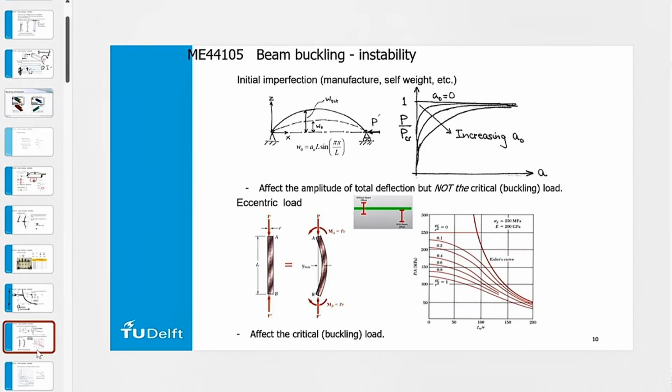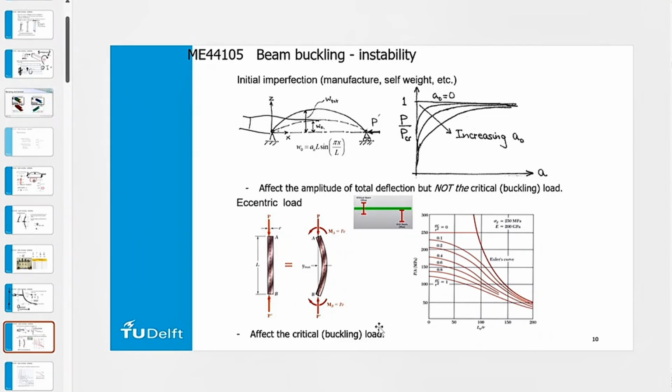We also need to take into account, for example, the effect of offsets, because if you have a certain imperfection, so a standard deviation, you will see that the buckling load itself does not change, but the deflection increases a lot.